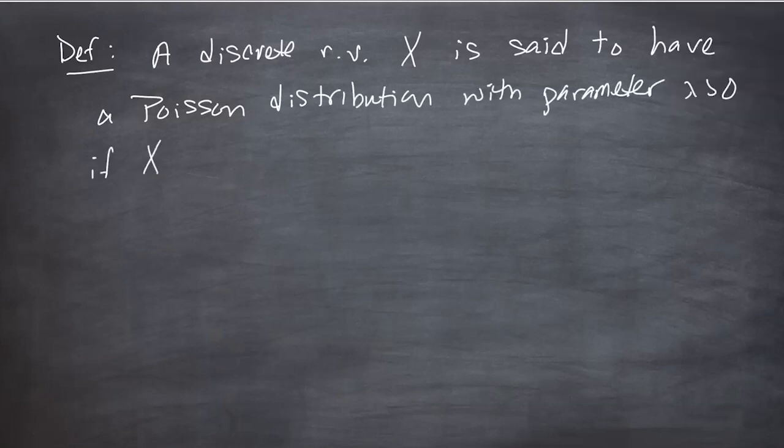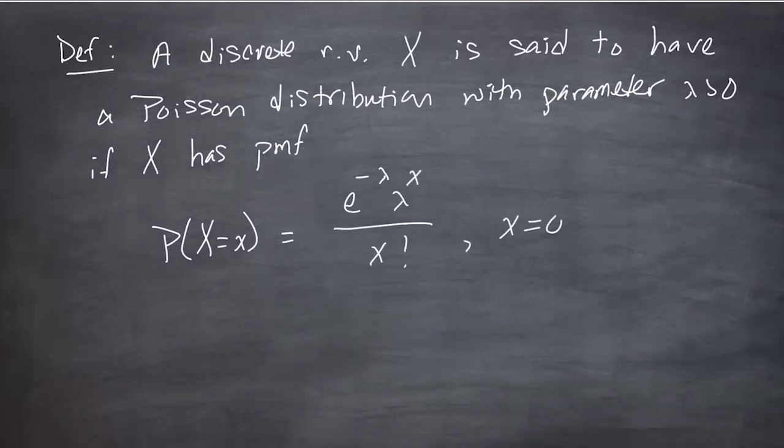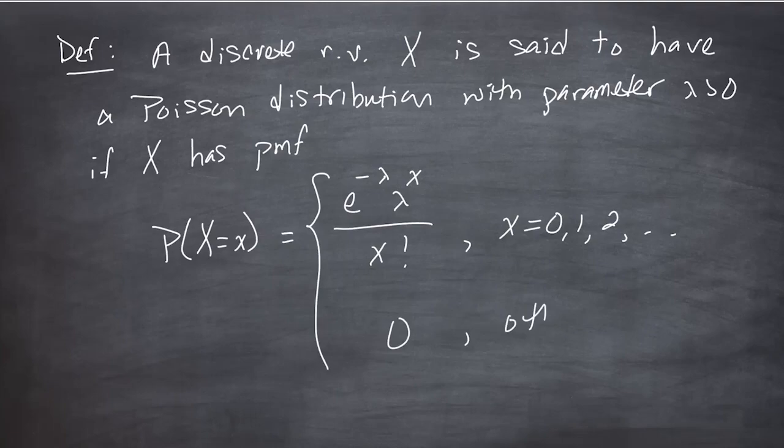if X has the probability mass function: the probability that X equals x is going to be e to the minus lambda, lambda to the x over x factorial for x equals 0, 1, 2 on up, all non-negative integers, and it's 0 otherwise.